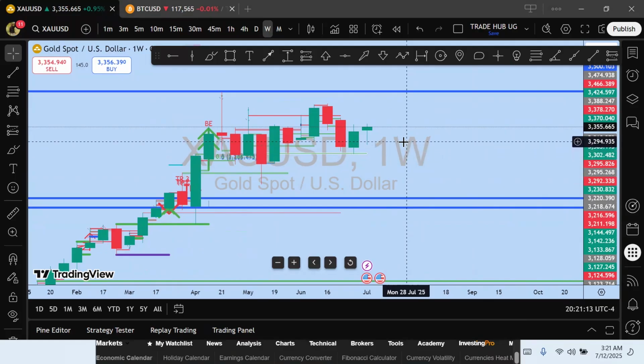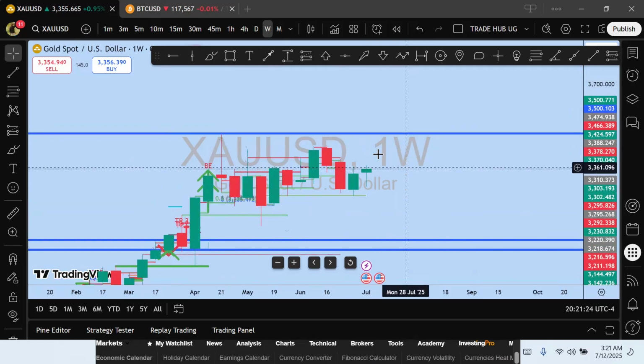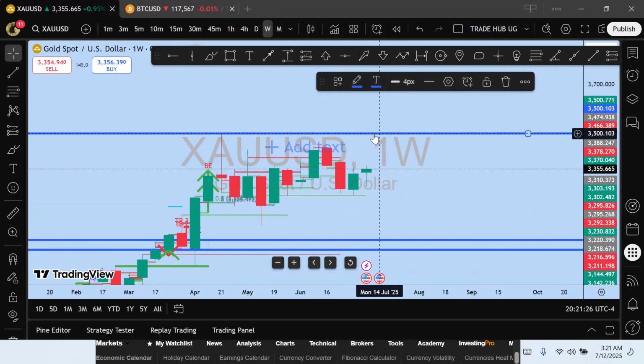We might expect a reversal to these levels. But if CPI is weak, gold could rise up to price levels of 3,500 and above.